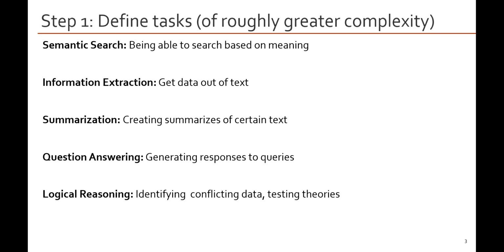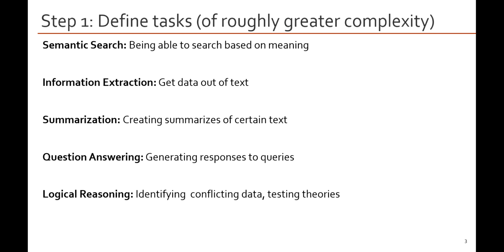And then more reasoning intensive types of NLP, where I can give it a paper and it can produce a short summary of it or answer questions about it, or even, and this is one of the holy grails of being able to do natural language processing on a computer, being able to logically reason about the data that it's reading, say to be able to identify conflicting ideas or very interesting concepts within the literature, or even test theories that are proposed by a human against the data and ideas available in a paper.